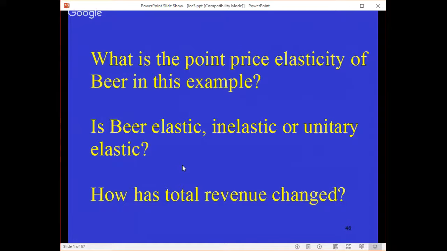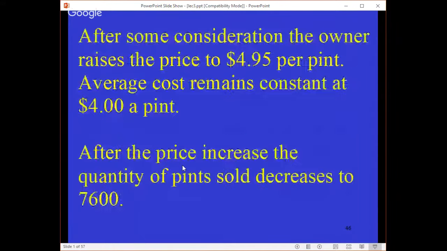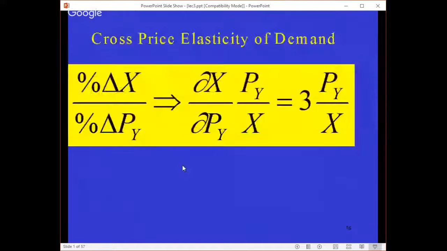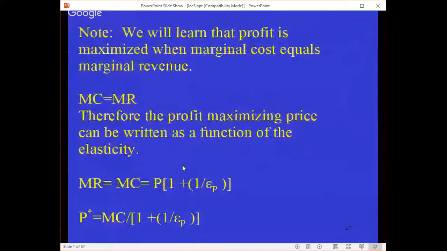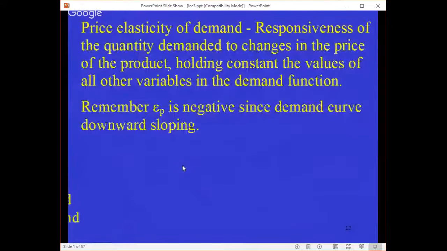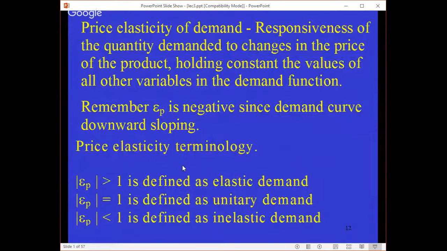That means it's inelastic, not elastic. I'm not hearing anybody say it, but it's inelastic, perfect.